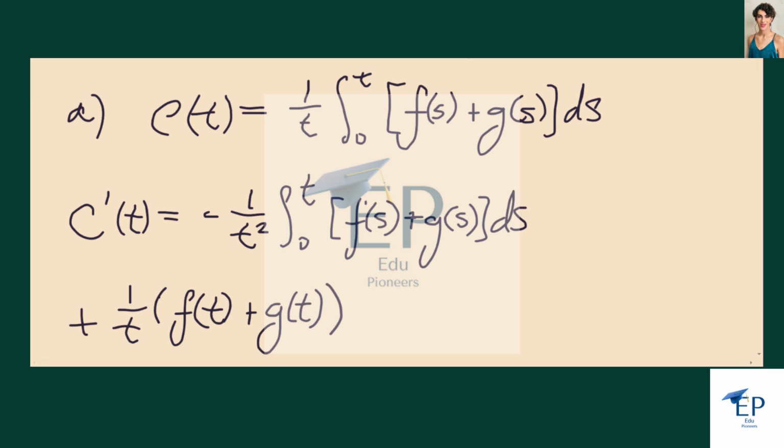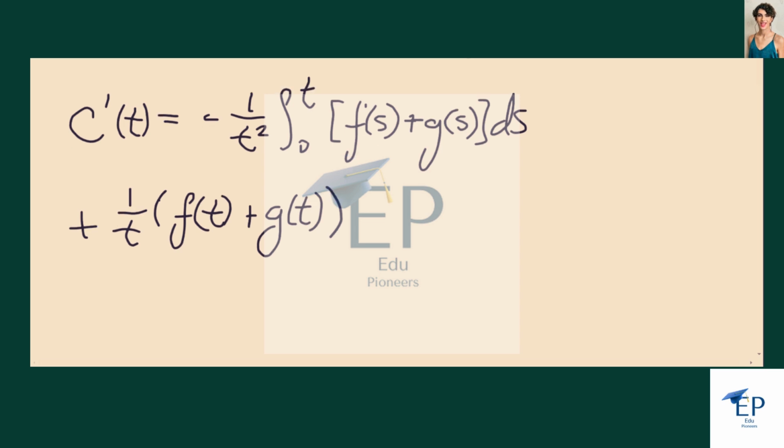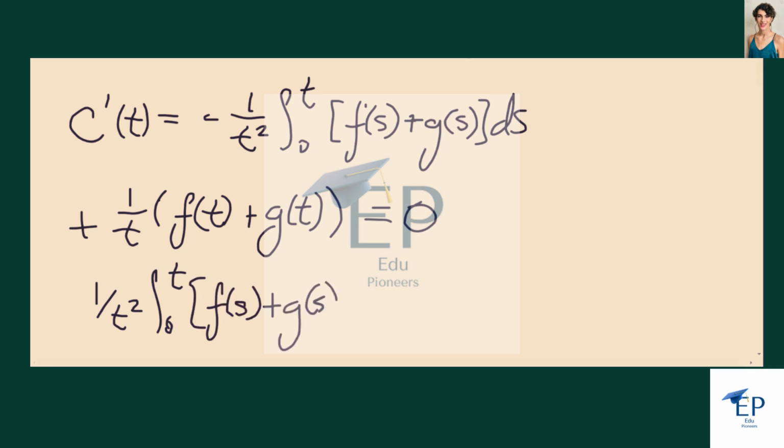Now, to find the critical numbers, we want to find when c prime equals 0. So if c prime of t equals 0, then it follows, after rearranging, that 1 over t squared times the integral from 0 to t of f of s plus g of s ds equals 1 over t times f of t plus g of t.